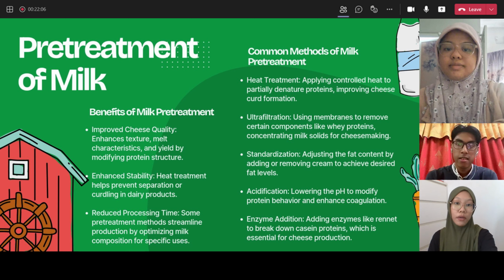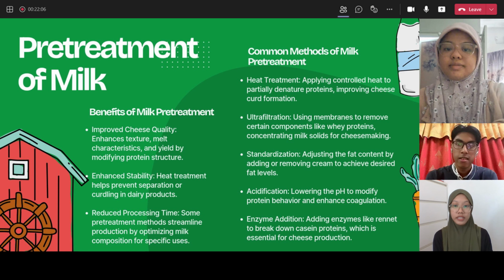So moving on to the common methods. We have 5 common methods here. The first one is heat treatment. So what is heat treatment? Heat treatment is applying controlled heat to partially denature proteins, so it can improve cheese curd formation. The second one is ultrafiltration, which is using membranes to remove certain components like whey proteins, concentrating milk solids for cheese making.